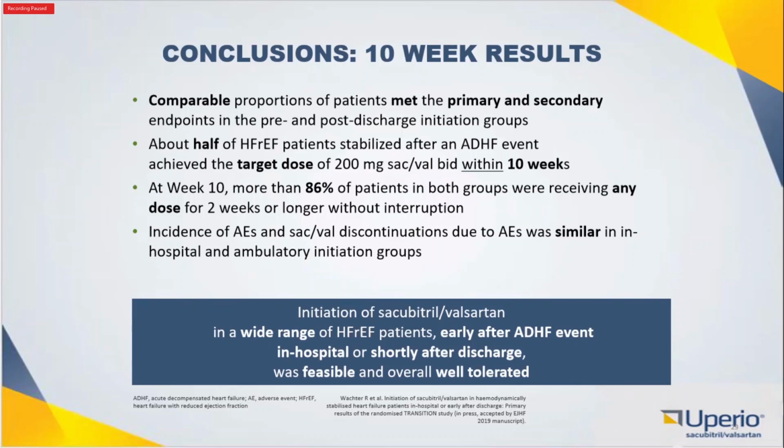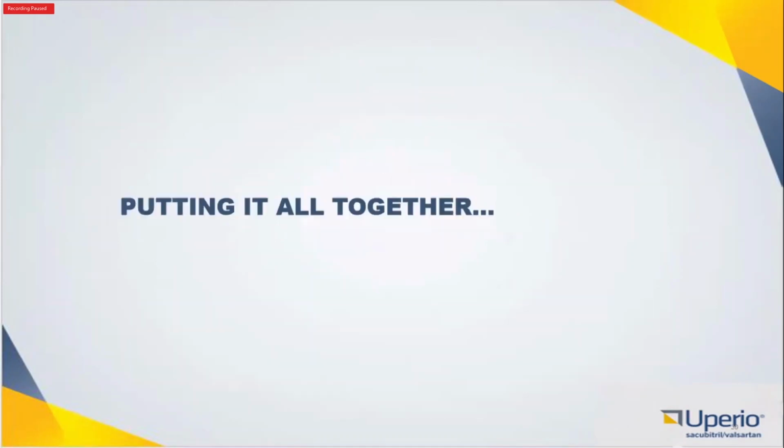So this shows that this new combination of drug does not have any significant adverse event that will make the patient discontinue the use of the drug. It is quite tolerable for patients who have diabetes, just like patients who have other comorbidities that occur with heart failure. Next slide.